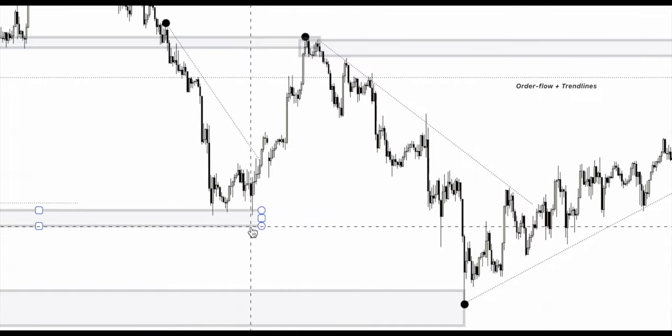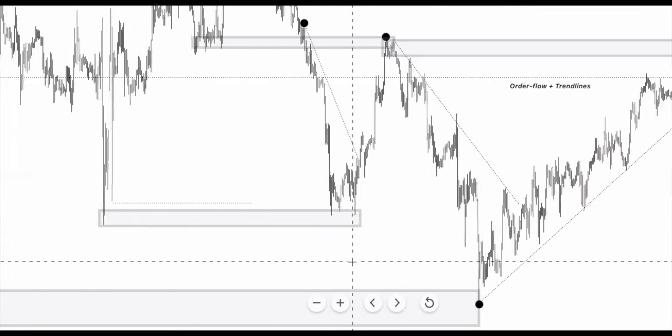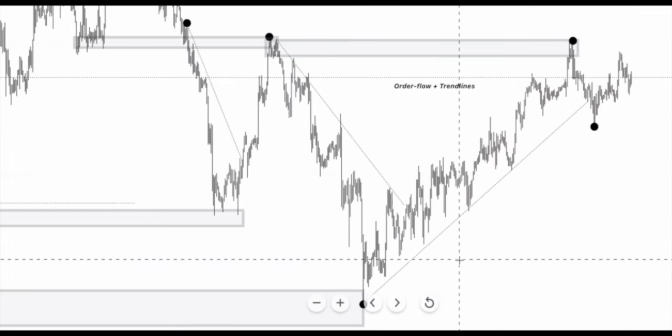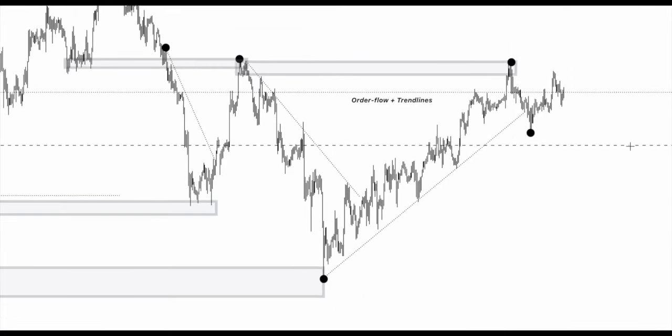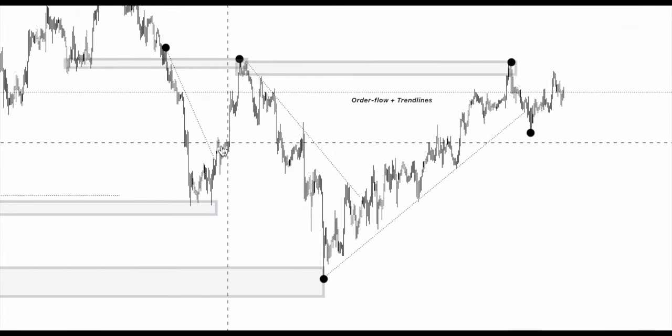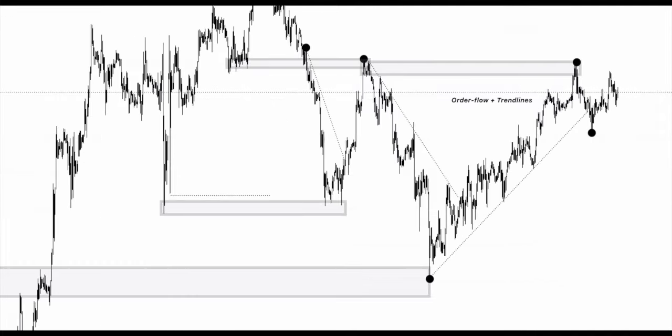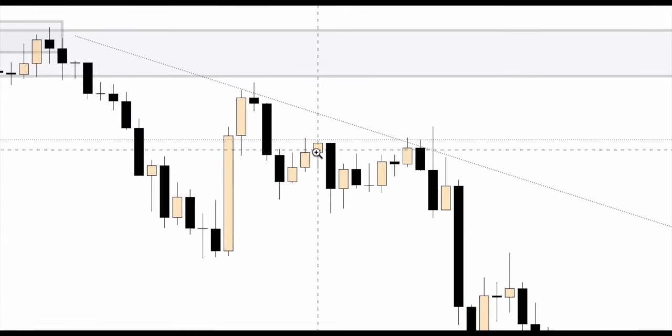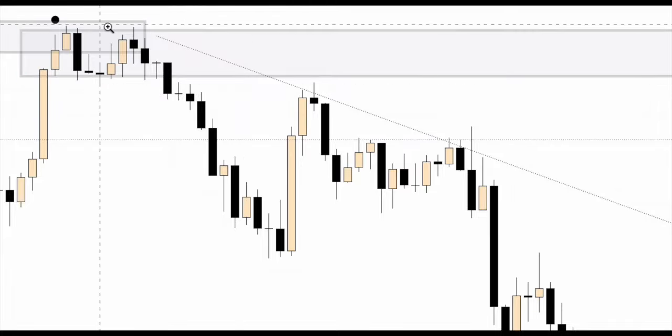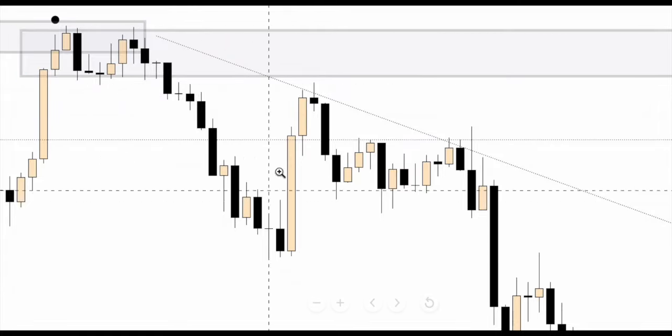As you can see, we already have our structure pretty much marked out, at least on the higher time frame or smart money point of view, which is pretty much the zoomed out portion of market structure, right? We can obviously determine market structure in present time, right? So we have a higher high, we have a lower low, we have a lower high.